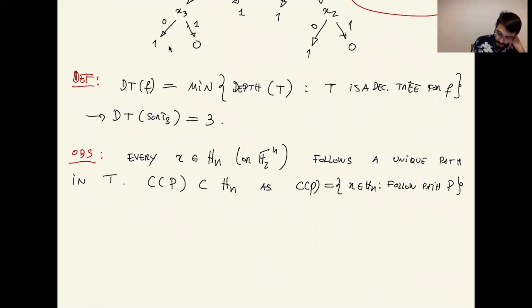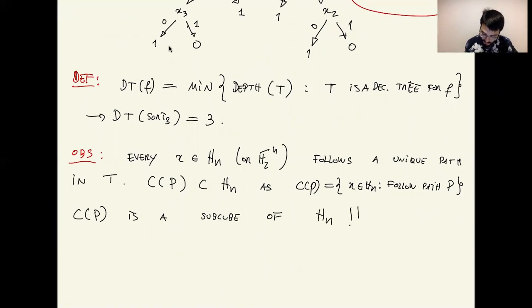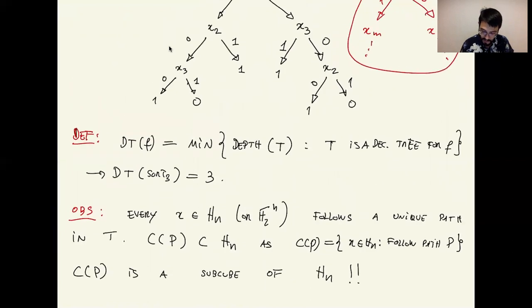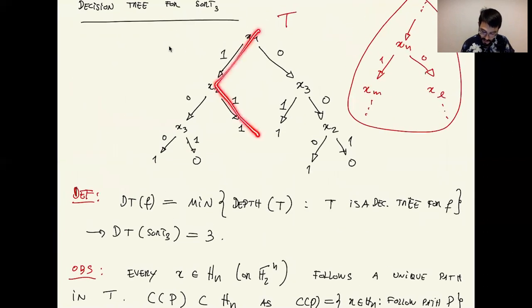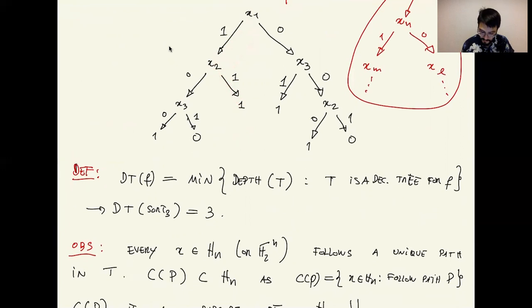But then you see that C_P is a subcube of H_n. We just saw that the last variable doesn't matter, so I could put any value for x3, and that's a subcube.